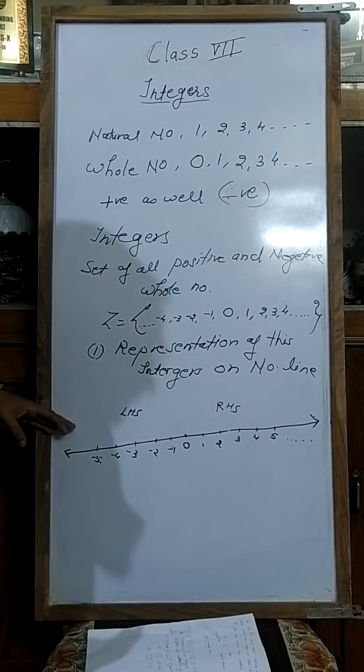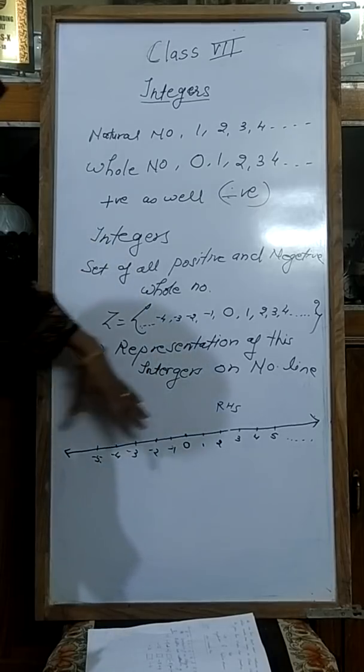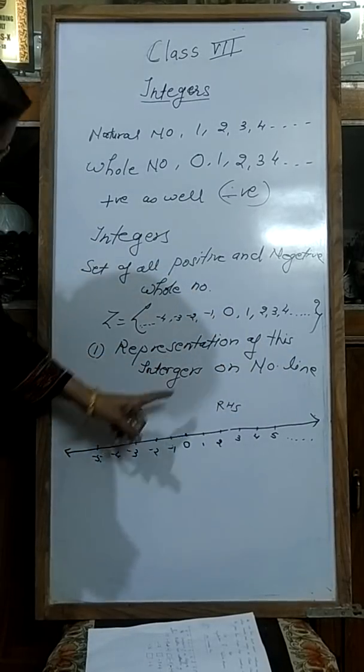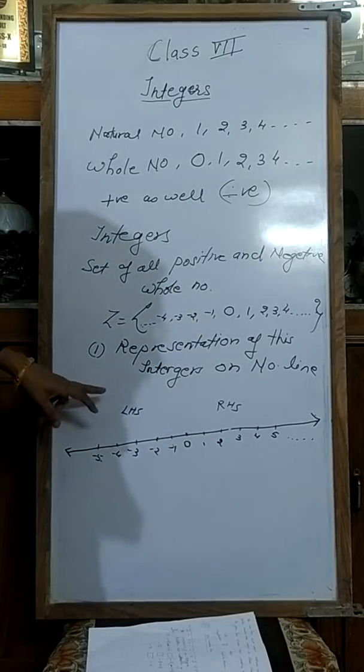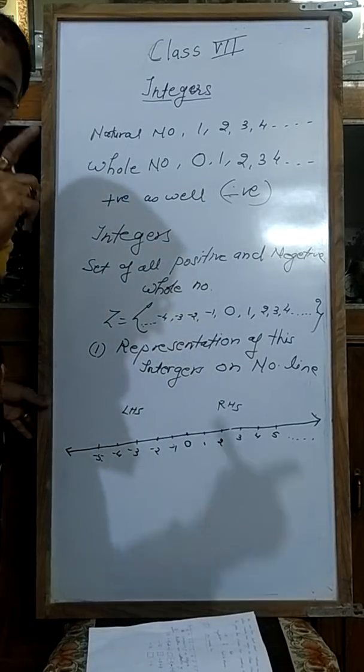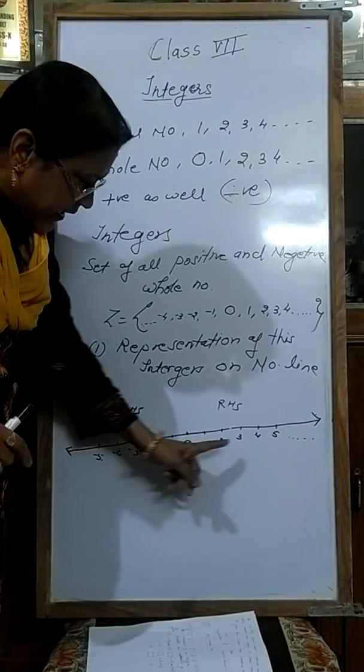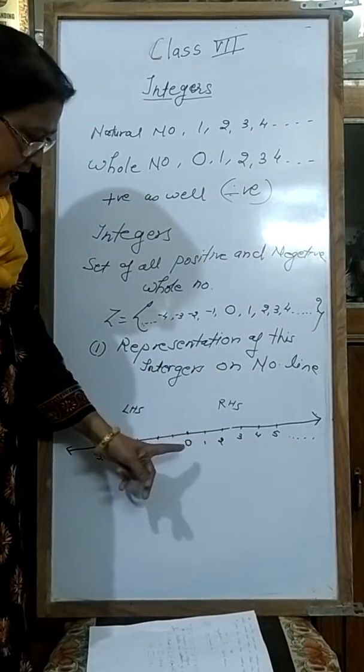In this way we get the representation of an integer on the number line. In this way we can represent.